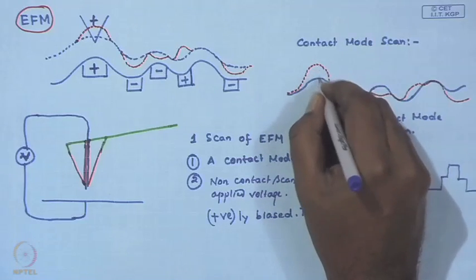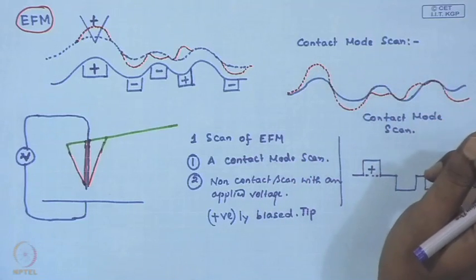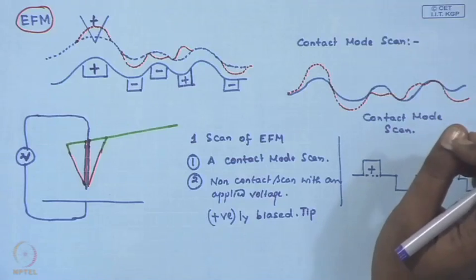This is possible only if there is an additional repulsive force between the surface and the tip in this area. What can be the cause of this additional repulsive force? You know that you have a positively biased tip. So only if the surface at that particular location has a positively charged domain can that explain this additional repulsion.